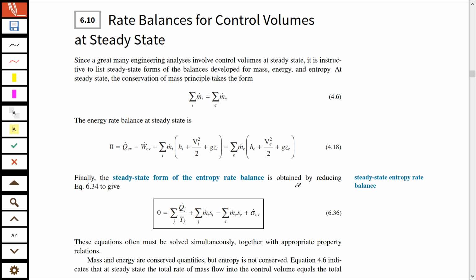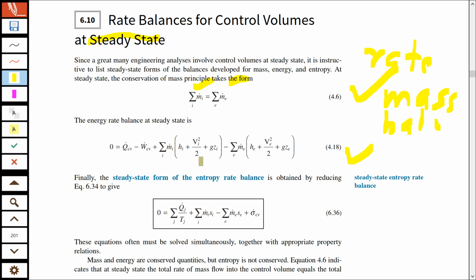So I think this is just a reminder. These two equations, I think this is the mass. So in the steady state you can write three equations now. This is the mass balance, or to be more precise, mass rate balance, because here you have rates. And then you have the energy rate balance from the first law of thermodynamics.